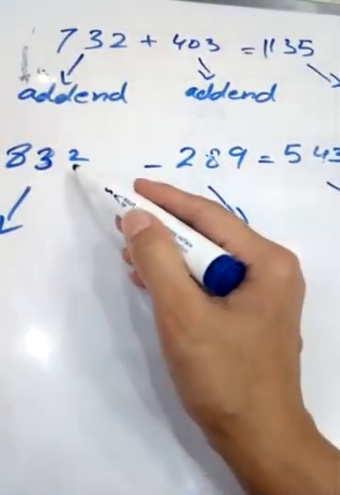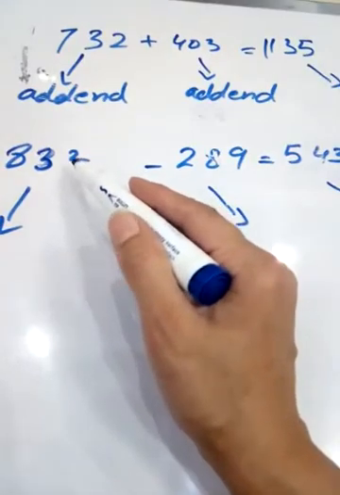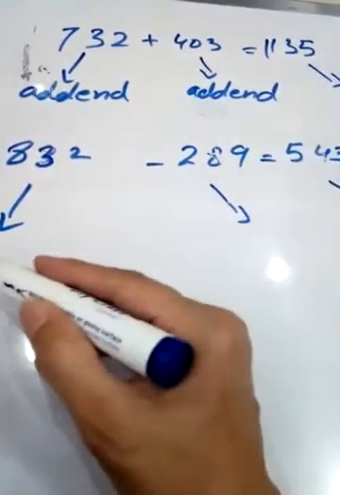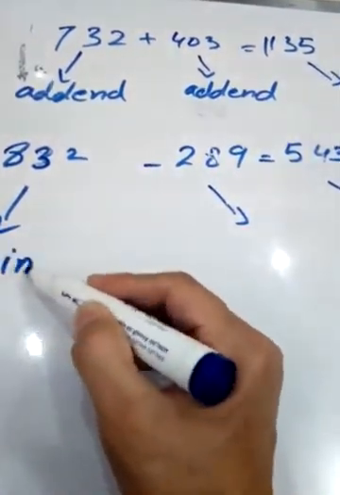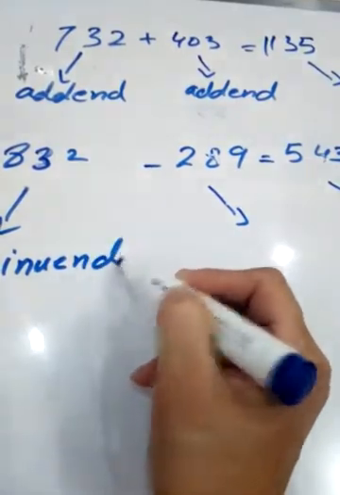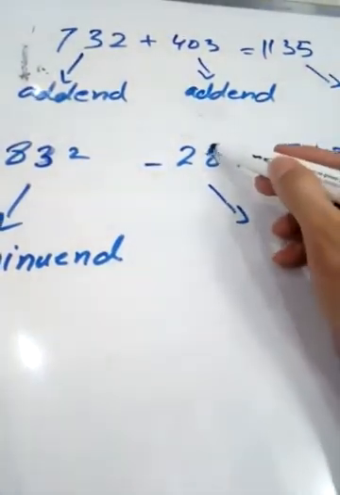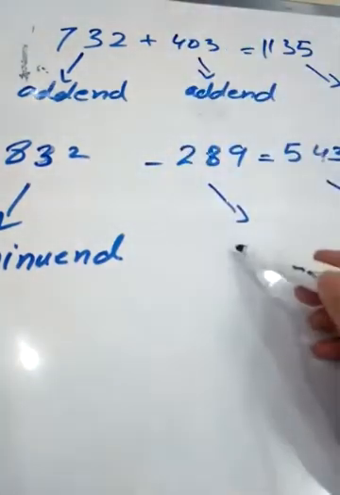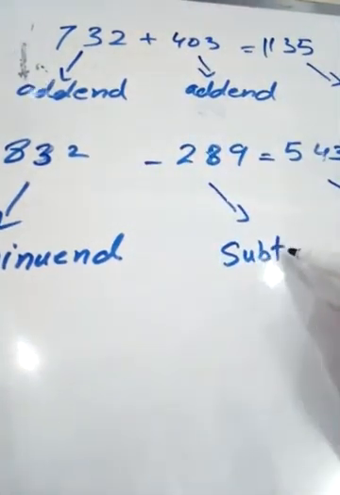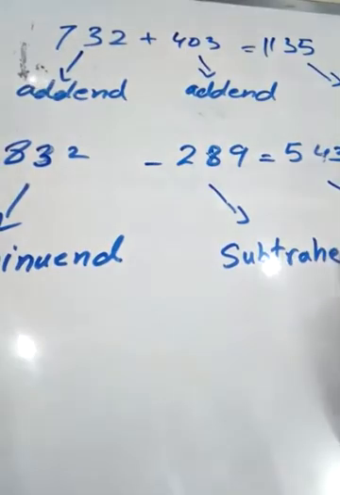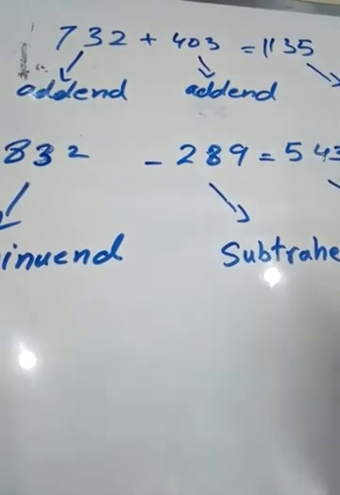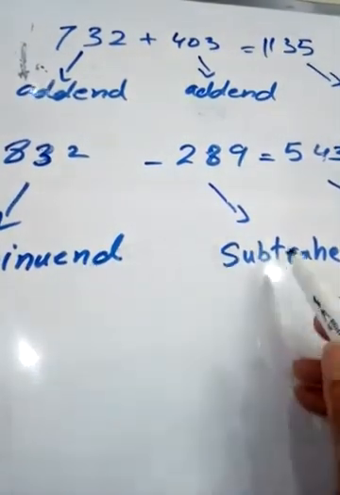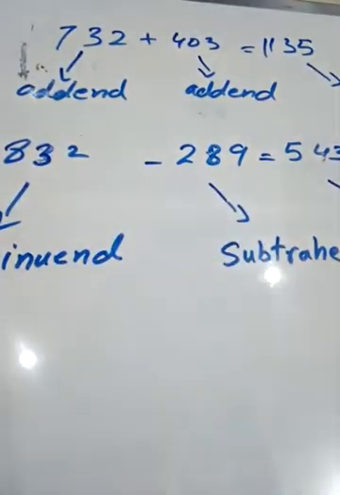The first number from which we are going to subtract the other one is called minuend, and the second number which we subtract from the first is subtrahend. And the answer after subtracting the subtrahend from the minuend is called the difference.